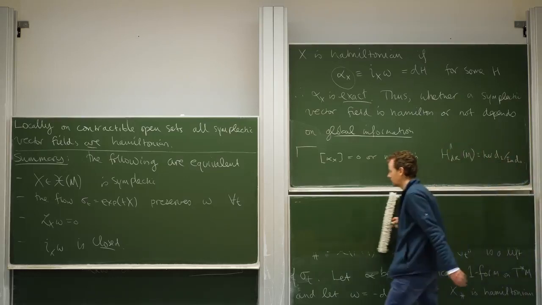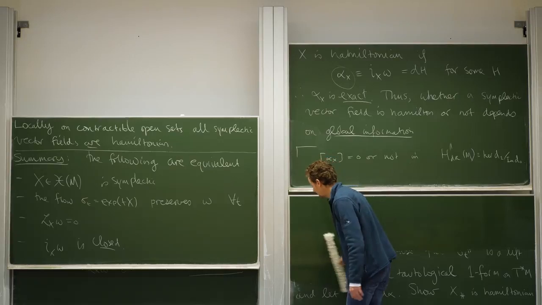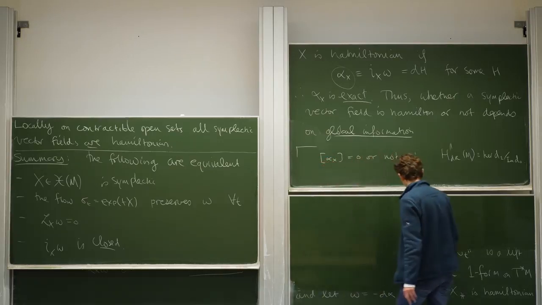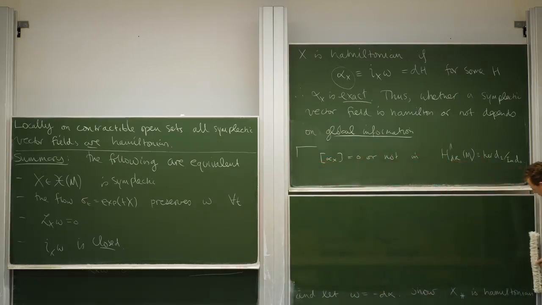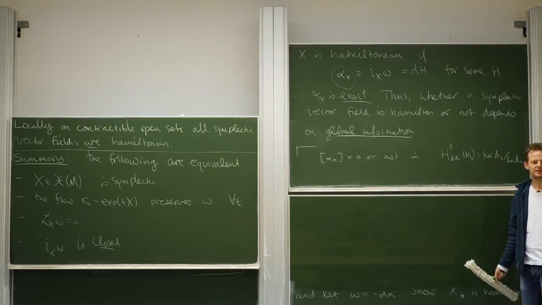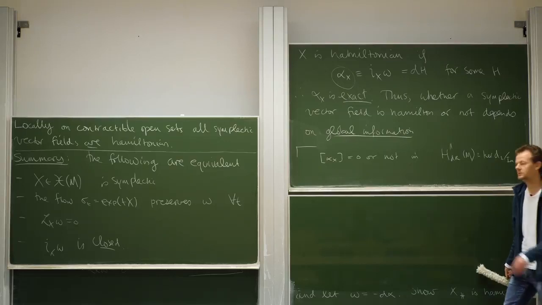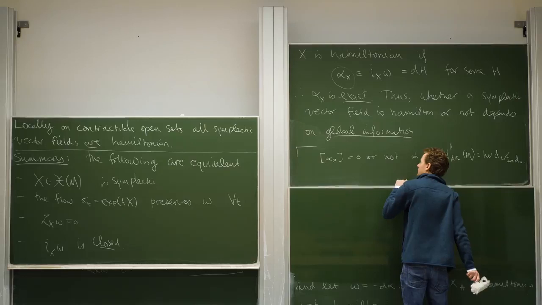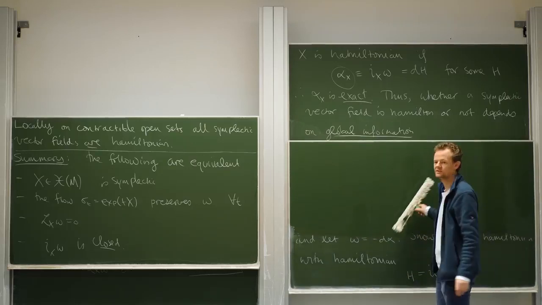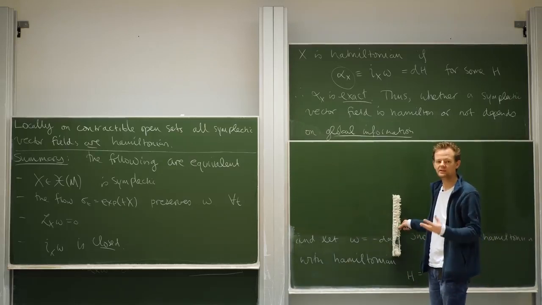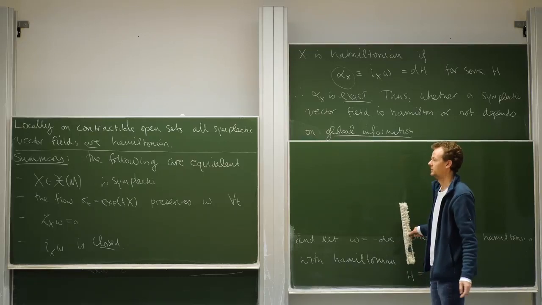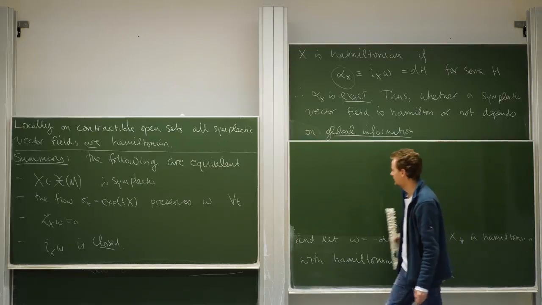Now I've been talking for the whole course about how symplectic geometry is a kind of vast generalization of classical mechanics. So if that's a true statement, if I haven't been lying to you, then I better at least show how classical mechanics gives an instance of a Hamilton vector field on a symplectic manifold.